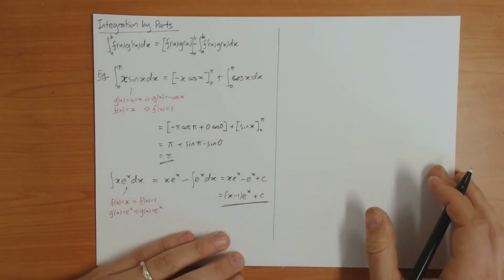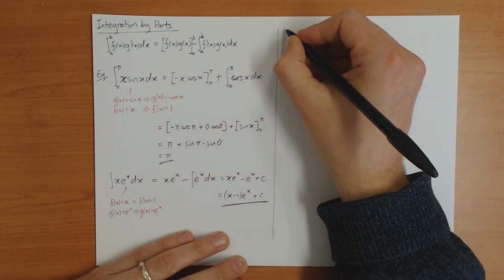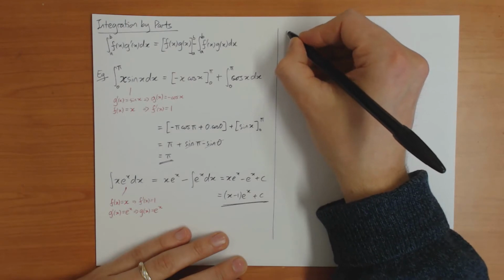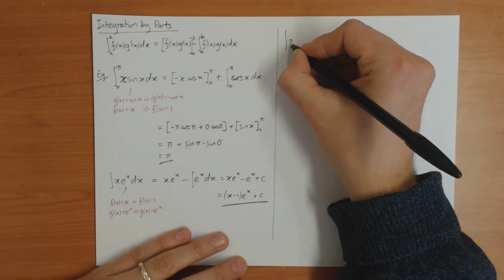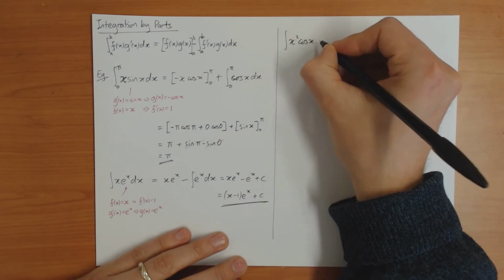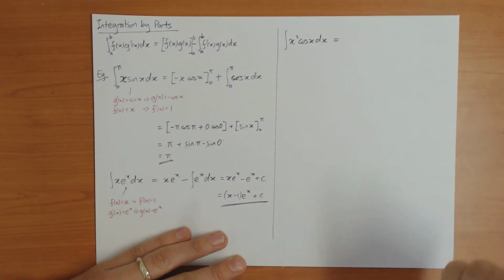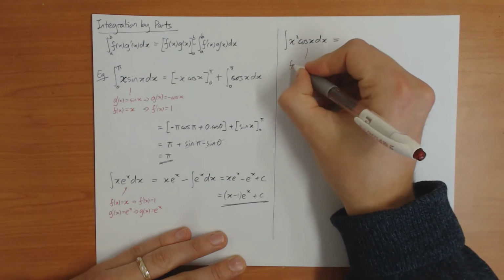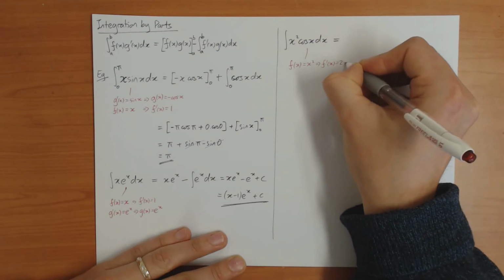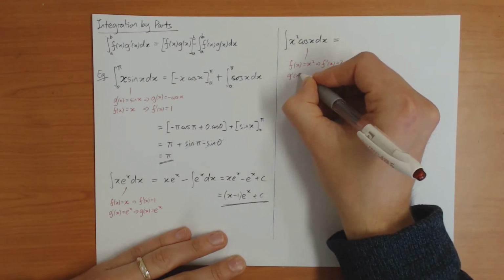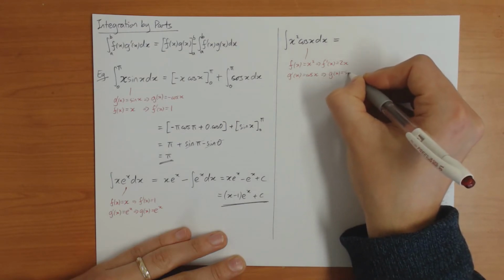Okay, now the same method works even if it's not just x, but it's x squared and so on. Let me show you how that works. I'll just do one final example: the integral of x squared times cos x dx. Except here you need to do integration by parts twice. So here f of x is x squared, so f prime of x is 2x, g prime of x is cos x, so g of x is sine x.